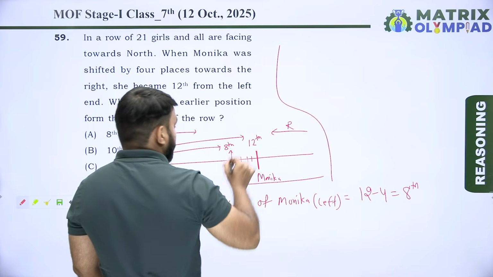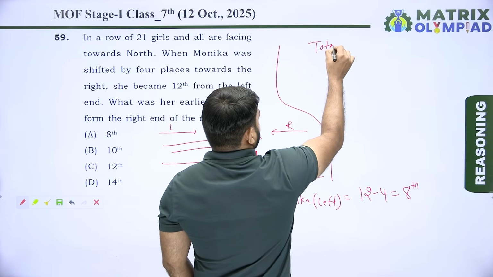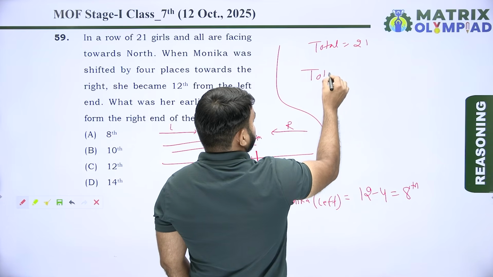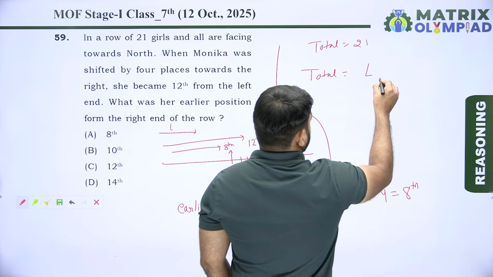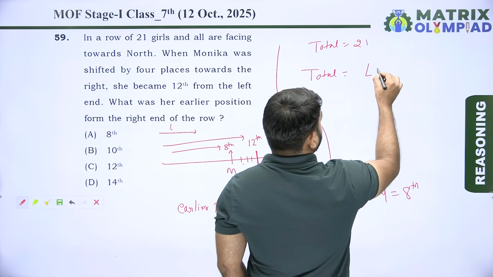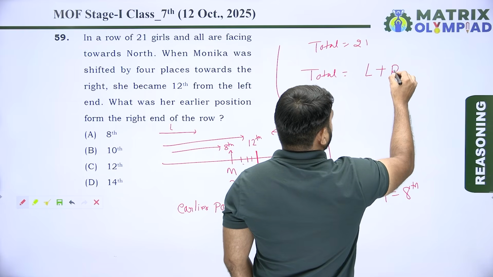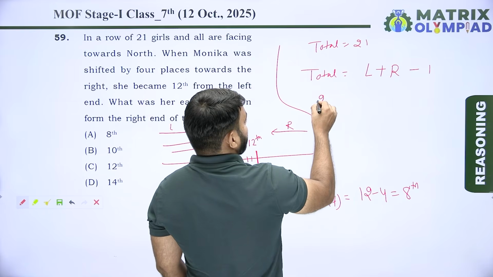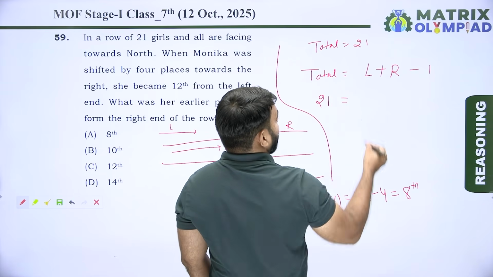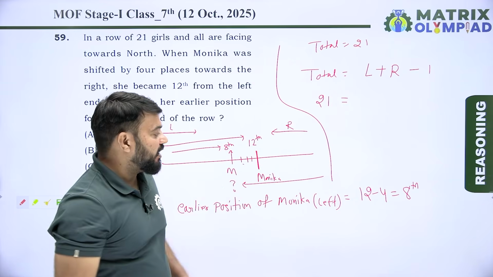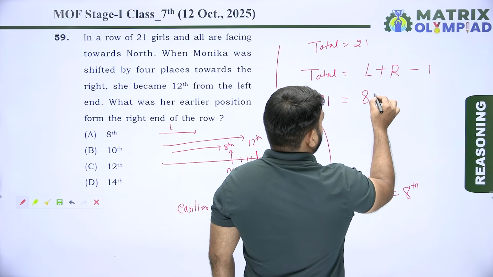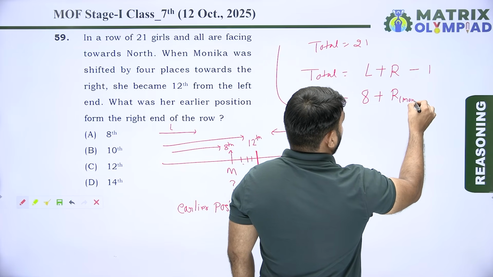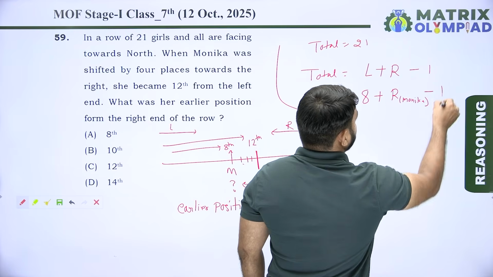So here total girls is equal to 21. So now the formula is total is equal to earlier left position of Monica plus earlier right position of Monica minus 1. So here total is equal to 21, the earlier left position of Monica is 8, plus the earlier right position of Monica, which is not given, minus 1.